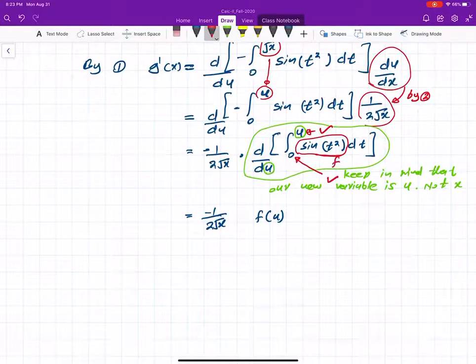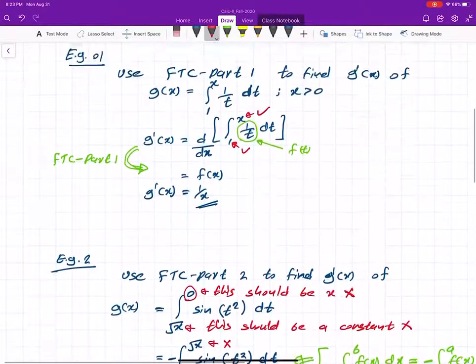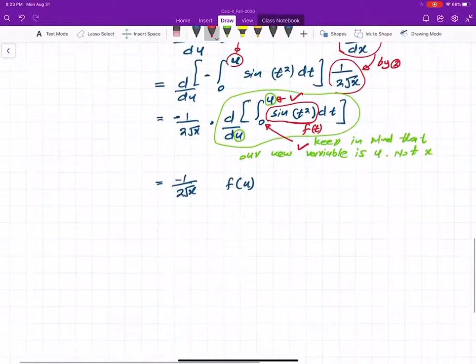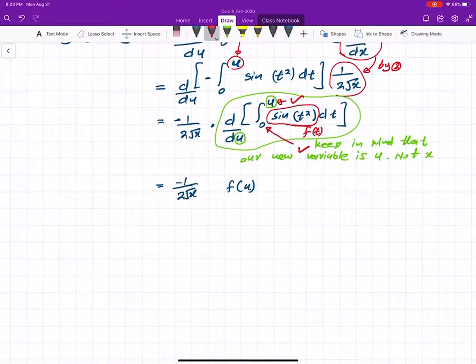This was f of t. See, this inside function is actually f of t. But here you have to write f of u, because u is the variable.